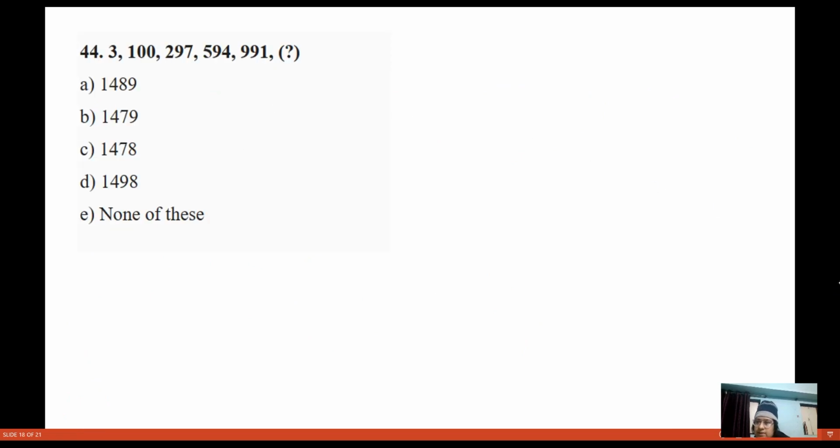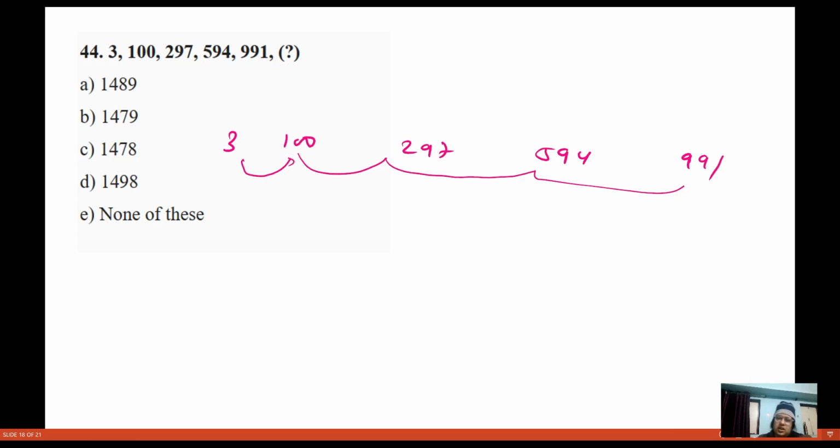Now let us look at this one. Okay, so you have 3, 100, 297, 594, 991. Again I see that there is some kind of multiplication involved here. Or there is one more thing.